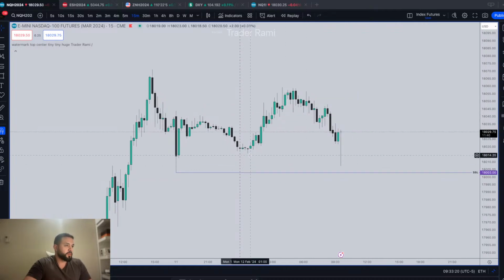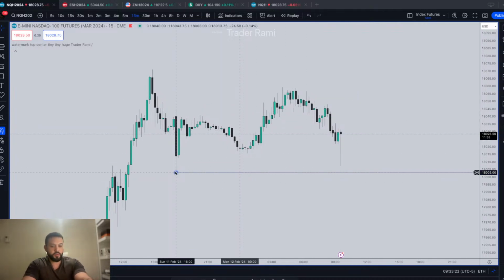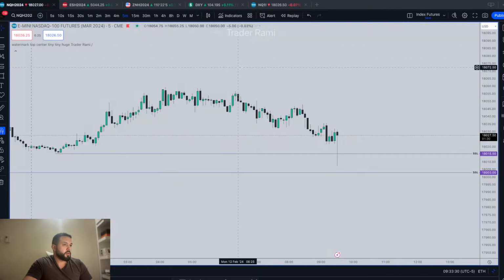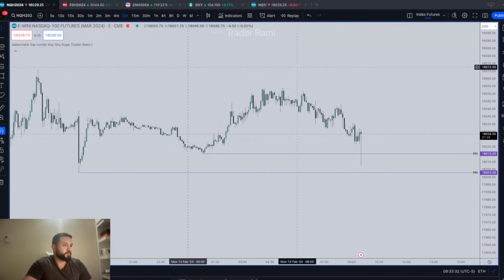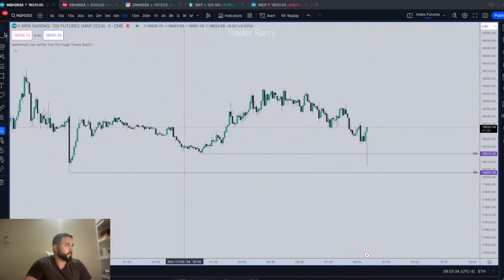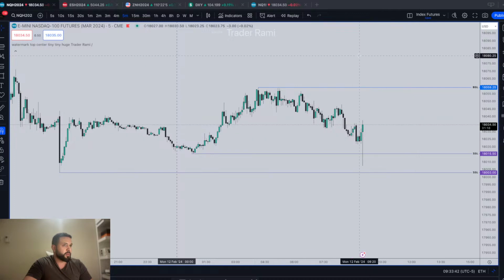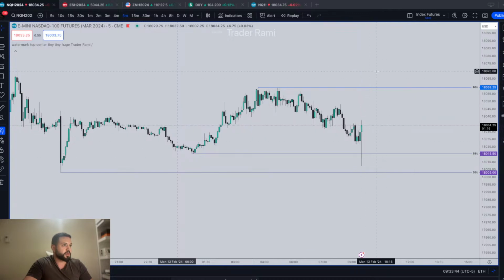So we got a reaction off this sell side here. I'm just going to label that right there. Just go down to a 5-minute time frame. Buy side right here, very, very smooth highs, nice and juicy. You might want to play ping pong right now and go from sell side to buy side.